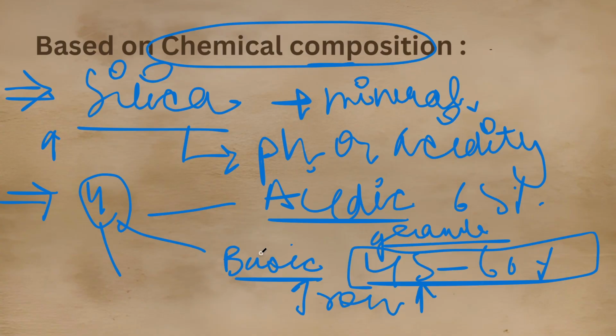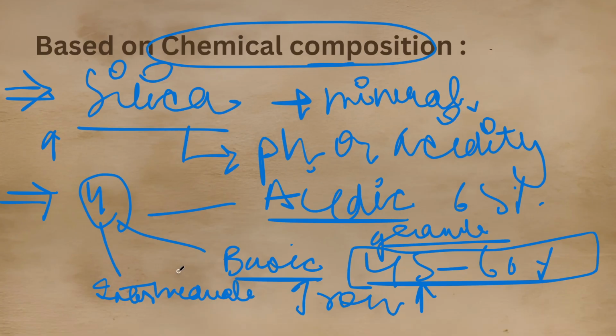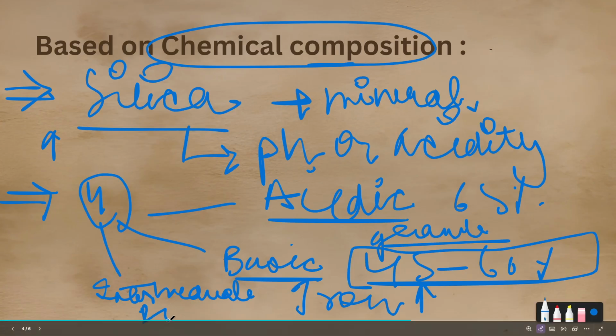Third is intermediate igneous rocks. As the name suggests, neither too acidic nor too basic. So the pH of the rock is neutral and silica content is such that the rock falls neither in the acidic nor in the basic category. Example is diorite.